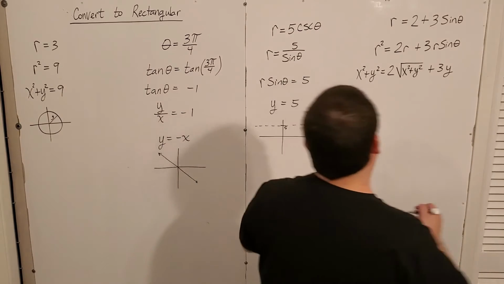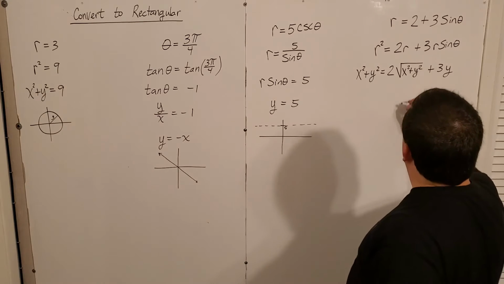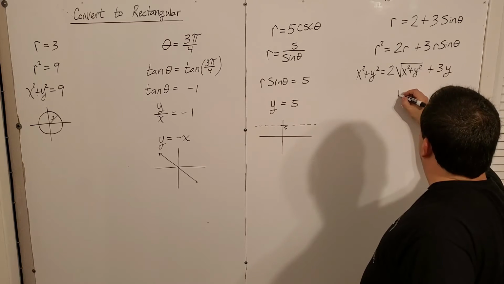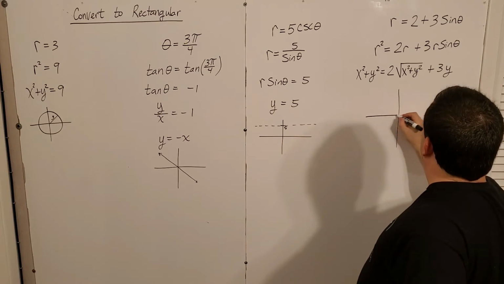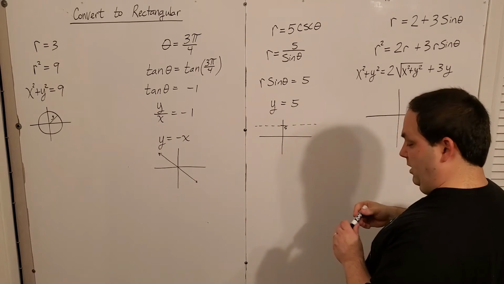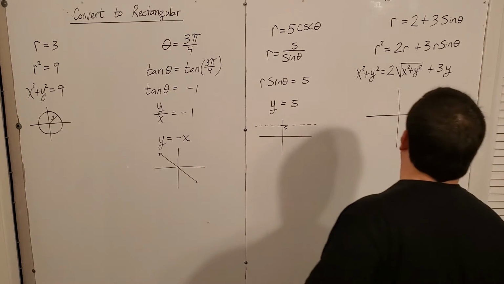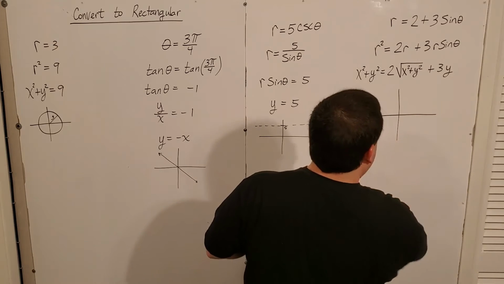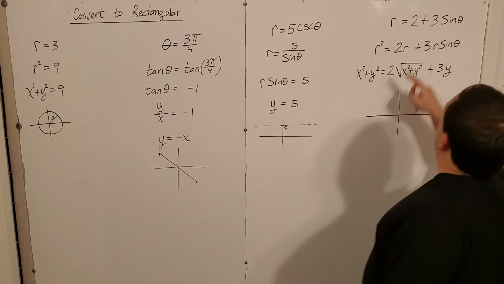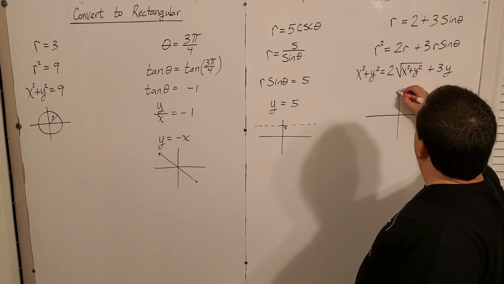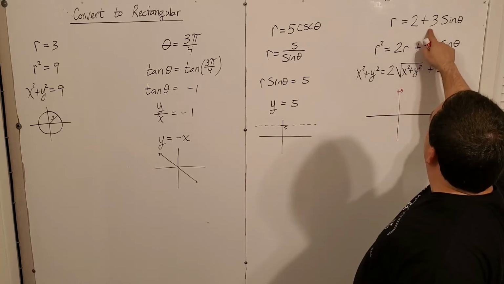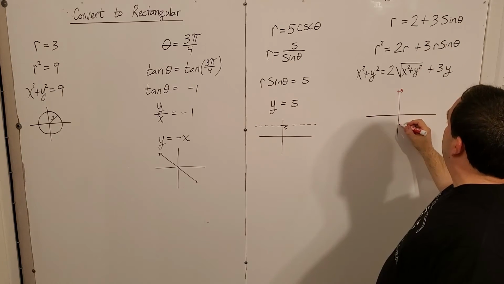The shape of this guy is a limacon with an inner loop. See if I can draw this accurately enough for you here. My art skills here at work. So 2 plus 3 is 5, up here at 5, and then 2 minus 3 is -1, so right here at 1.